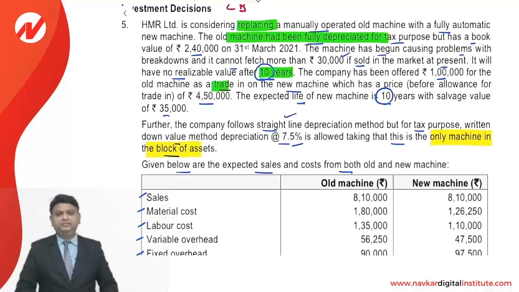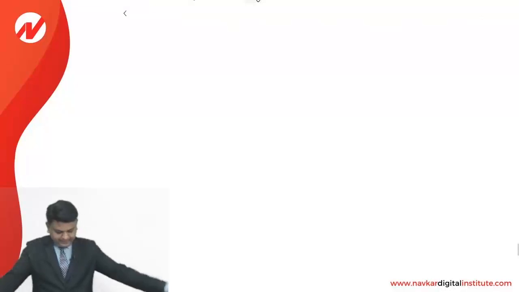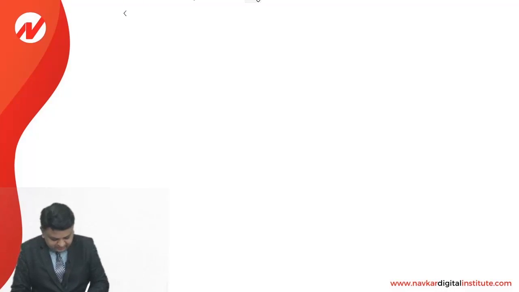Usually we will follow the NPV criteria for decision making. So we will make the calculation of the NPV for replacement of the machinery. So let us work out the answer with working notes. So answer for question number 5, in that, replacement of machinery.